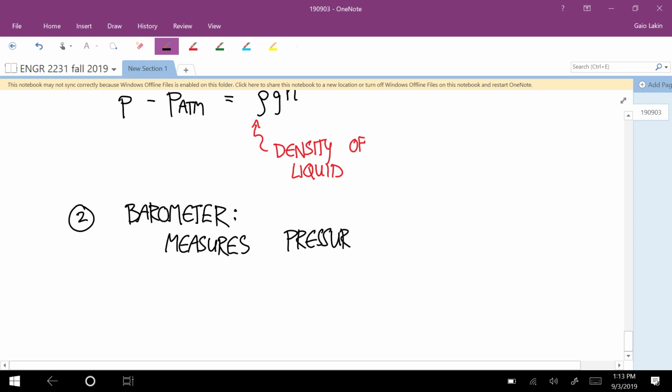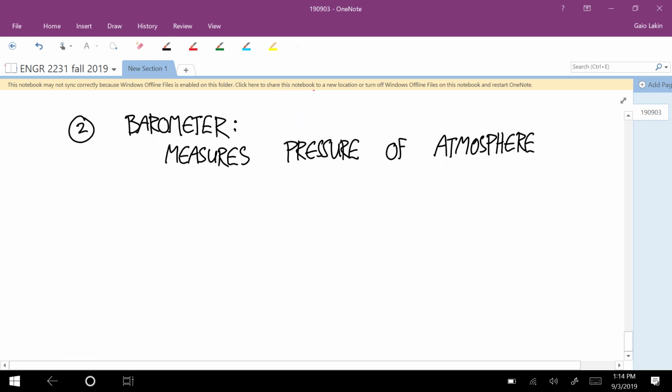So this is to measure the pressure of the atmosphere. And this is what that looks like. You have a tube like this that's enclosed at the top, and it drops down into a vessel.